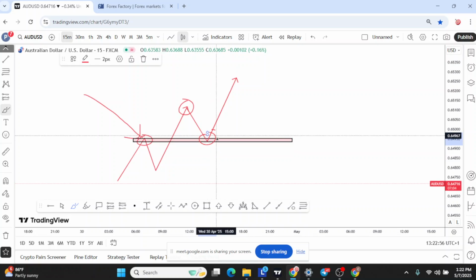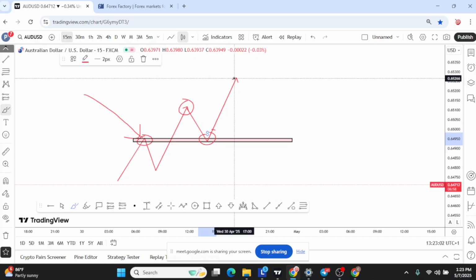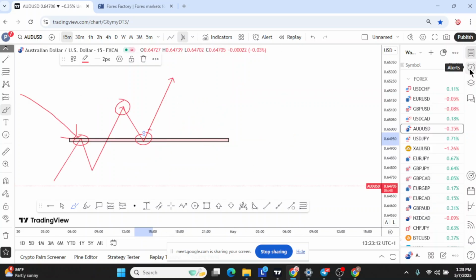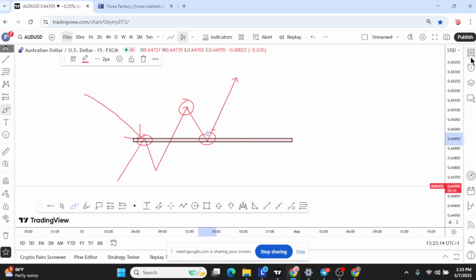So now let's assume we already took a buy trade here and the market has gone up the way we've projected. Now we've exited, we've taken profit. How can we get in on this trade again?